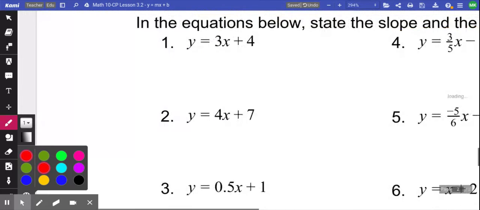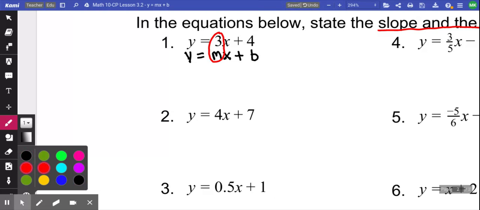So if we look at the first one, this is in the form y equals mx plus b, and you can easily see that m equals 3 and b equals 4.